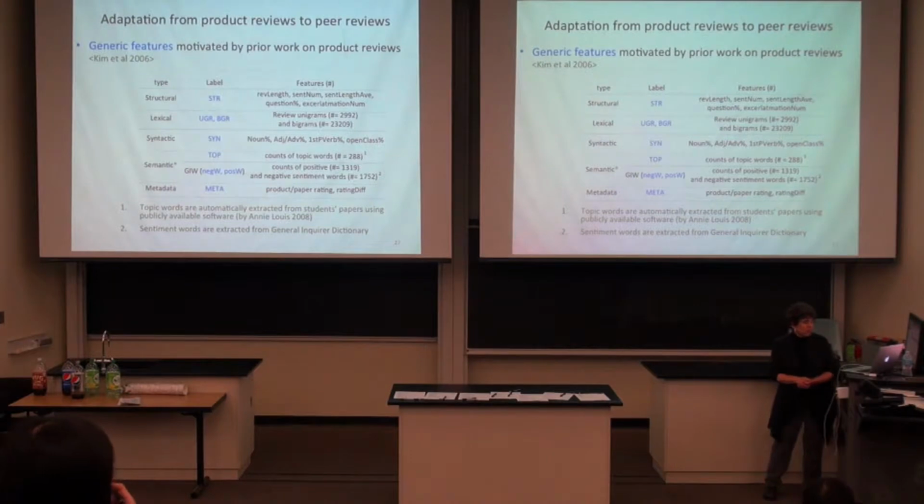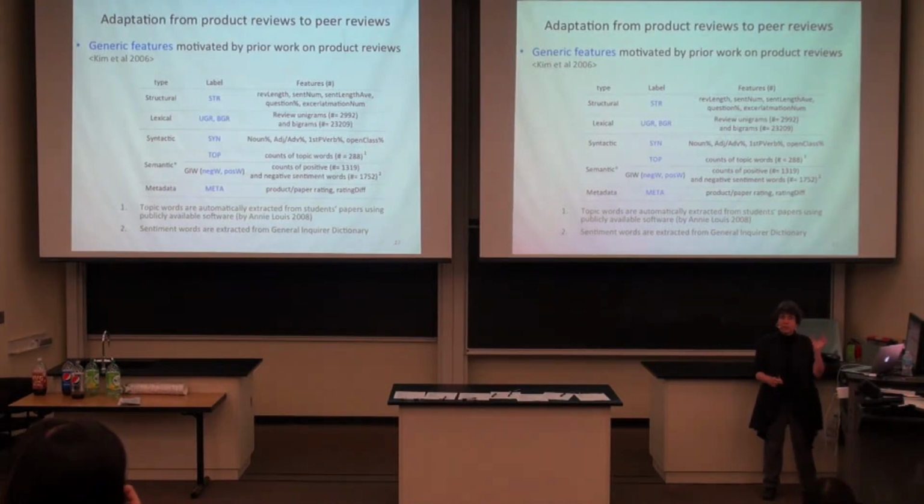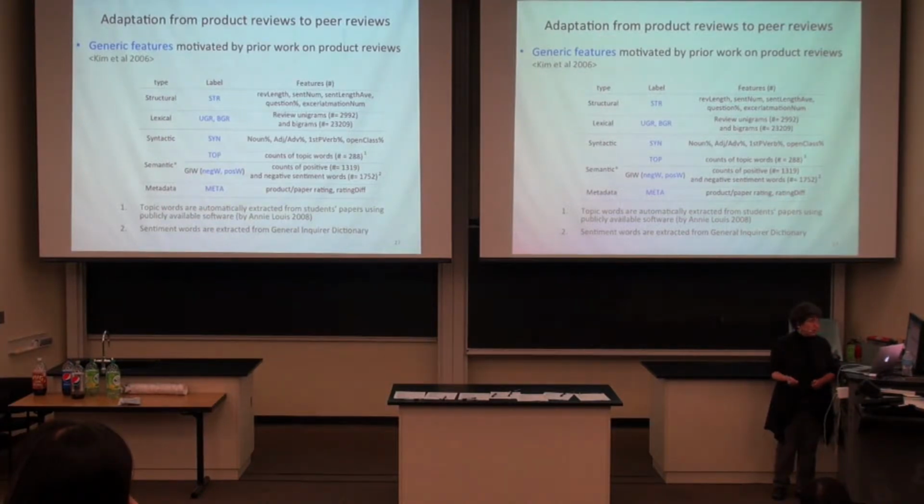And then finally, in the product review domain, people typically use metadata such as the star rating, because it turns out that reviews of good products are typically more helpful than those of bad products. We didn't have the star rating, but we do have the grading that the students gave to one another. So we replaced the stars with information from the peer review process.